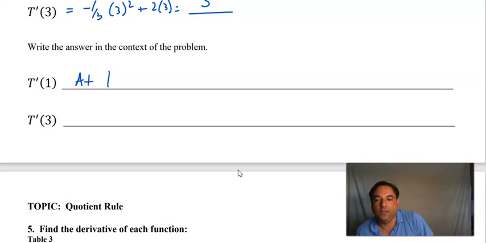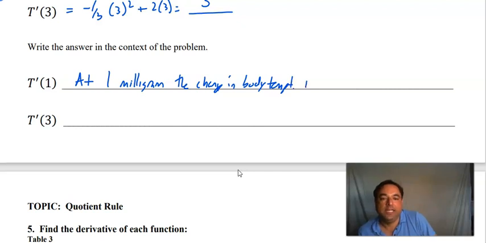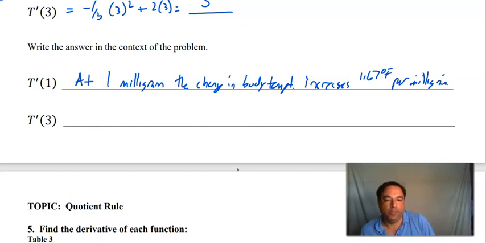So at 1 milligram, the change in body temperature increases. Why is it increases? Because it's positive, 1.67 degrees Fahrenheit per milligram. So it's always output over input.